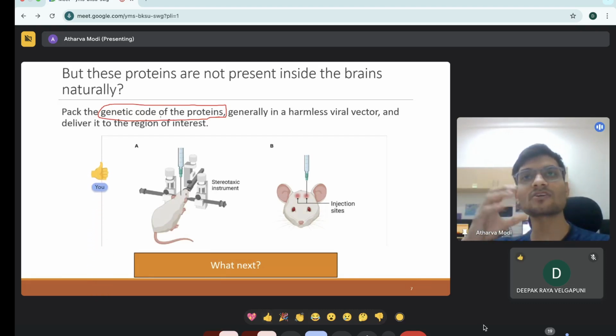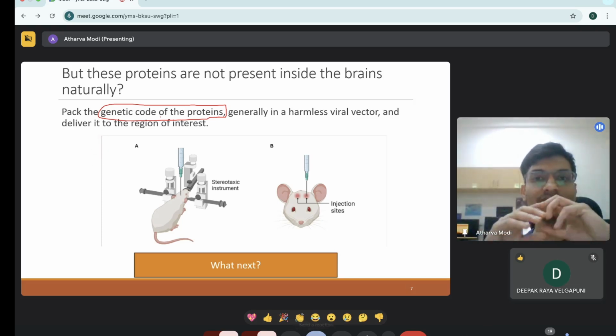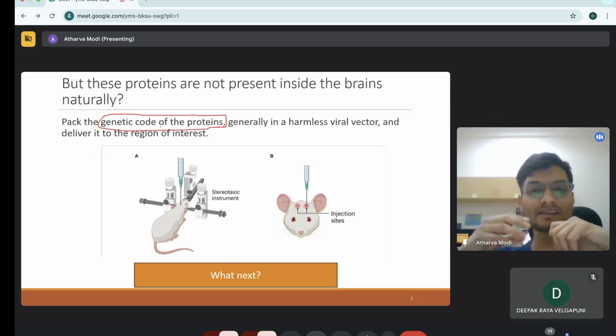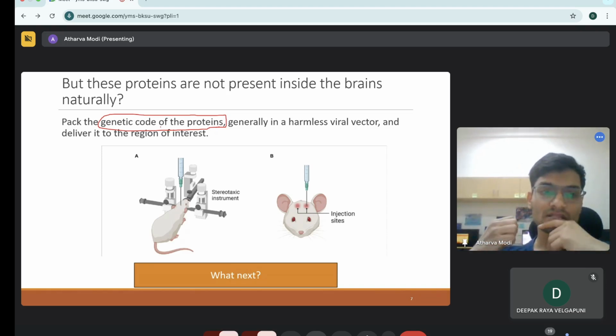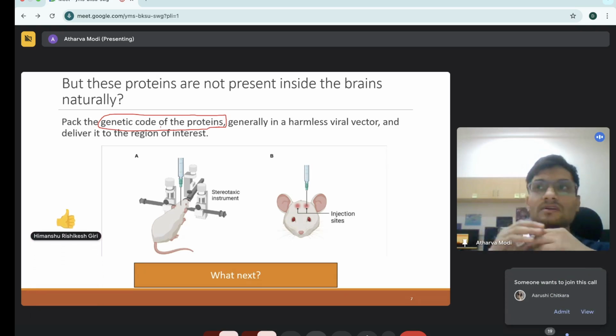Basically, it is not part of the main double helix DNA that the rats have in their nucleus. So the virus has the property of infecting the cell. It enters the cell, and this genetic code gets into the cell, and now it starts expressing. Once it starts expressing, the protein starts producing. It basically replenishes itself. That's how it works.